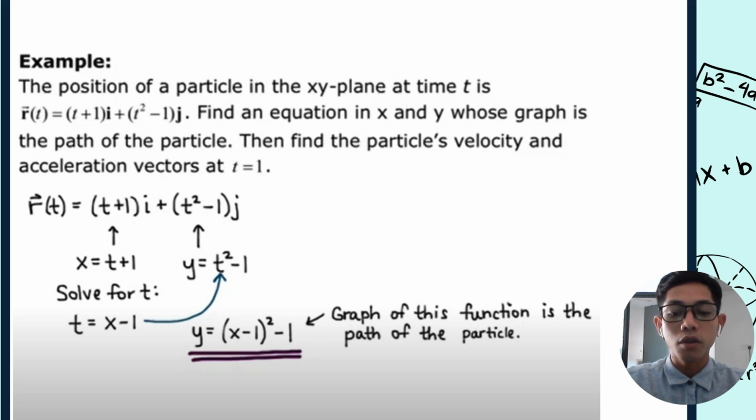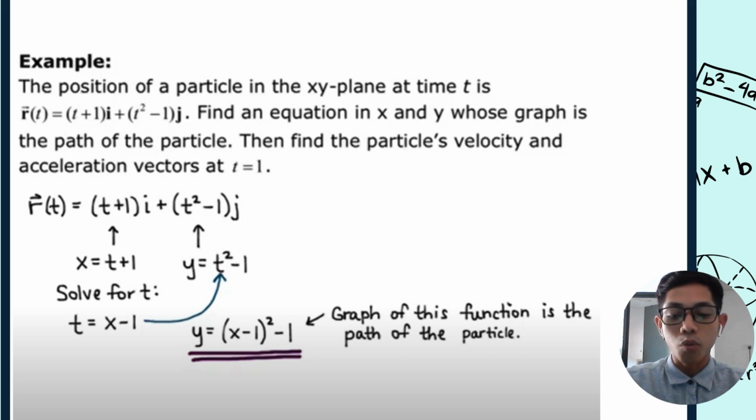We are given the vector valued function r of t equals t plus 1 for i plus t squared minus 1 for j. Remember, the i component is the x function, so x equals t plus 1, and y equals t squared minus 1 because the j component is the y function. To relate x and y, we solve the x function for t.